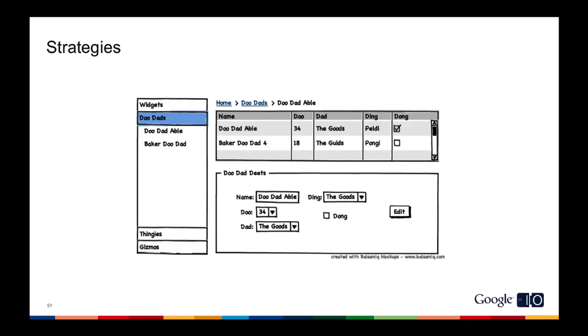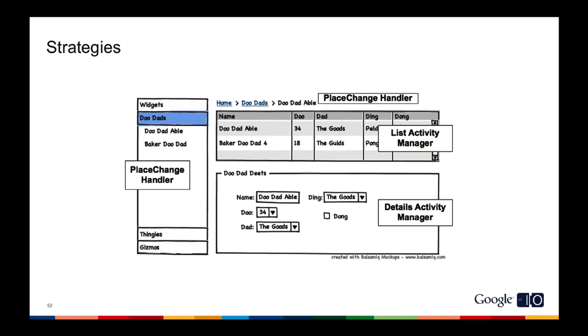So how can you divide a screen into regions and have one place transition result in multiple activity transitions? Let's look at the right side of the screen first. We have the List Activity Manager and the Details Activity Manager on the top and bottom. These would be two different activities running in their respective panels.